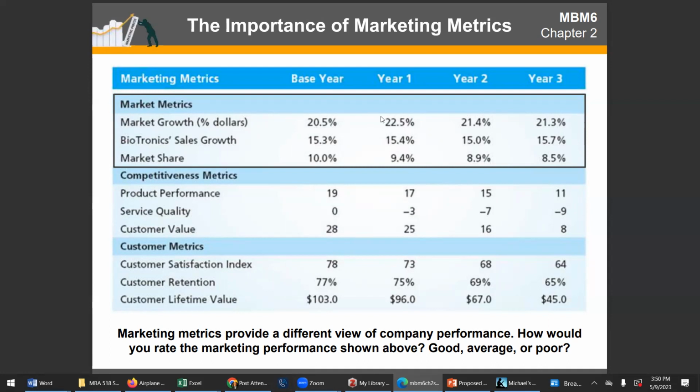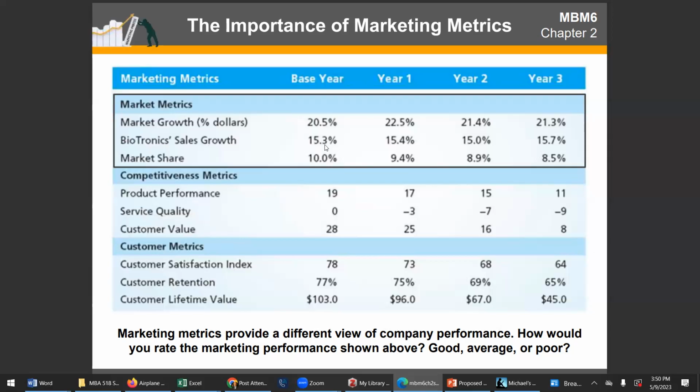So 20%, then it went up to 22, down to 21, but still above 20.5, and then 21.3, down slightly, but again still above the base year.